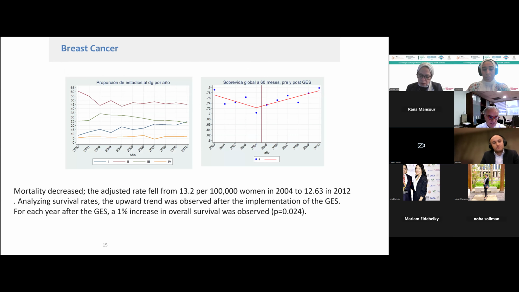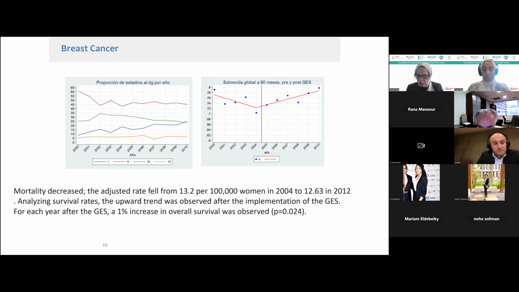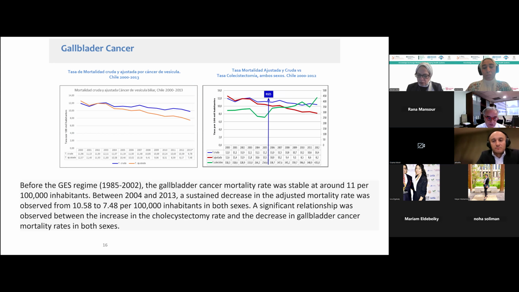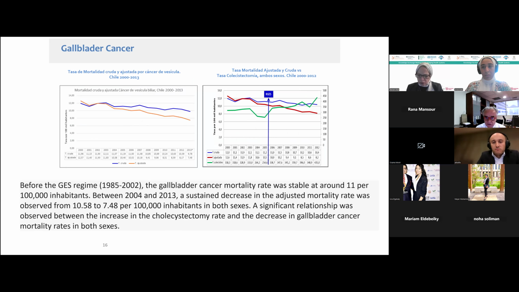And for breast cancer, for example, we have a decrease of the mortality, analyzing the survival rate after the implementation of the guarantees, and the survival of breast cancer increased by 1%.